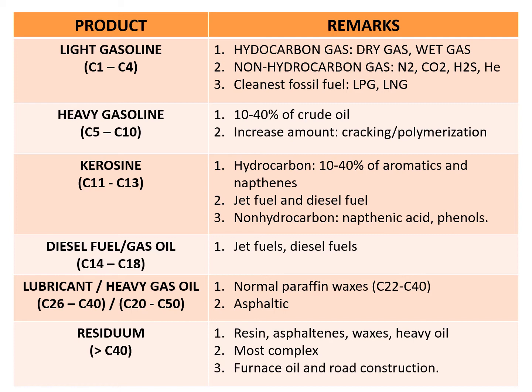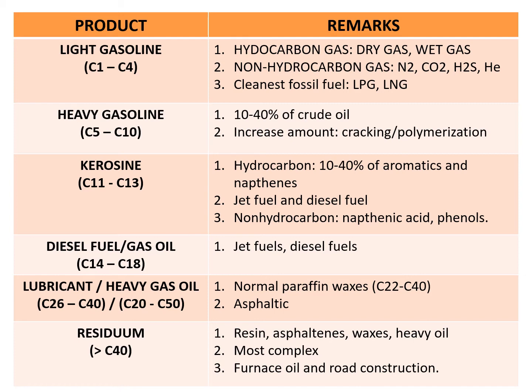You can read through all the products from the hydrocarbon and also the descriptions of each of the products. For example, light gasoline. It has both compounds of petroleum, that is hydrocarbon gas and also non-hydrocarbon gas.